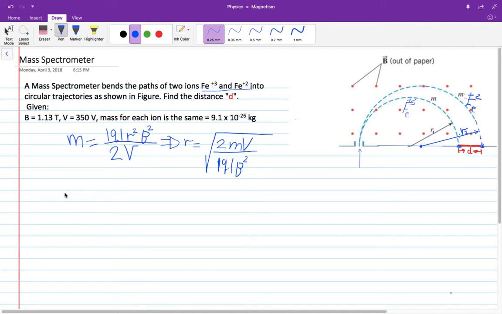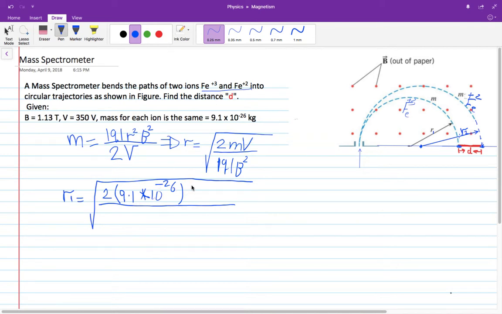Okay, so let's write here R1 is equal to, I'm going to make a big square root here because we will have a lot of numbers, and the 2 comes down. The mass of the ion is 9.1 times 10 to the minus 26, and it should be the same mass for ion Fe plus 2 or Fe plus 3.